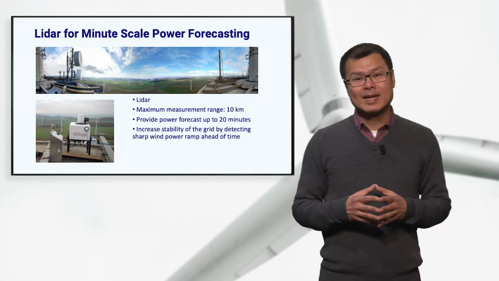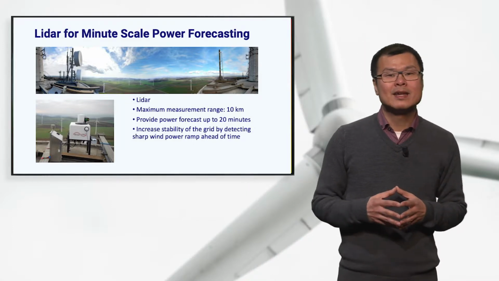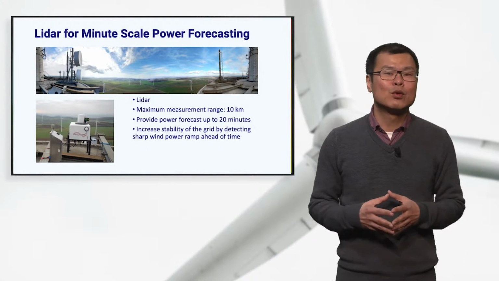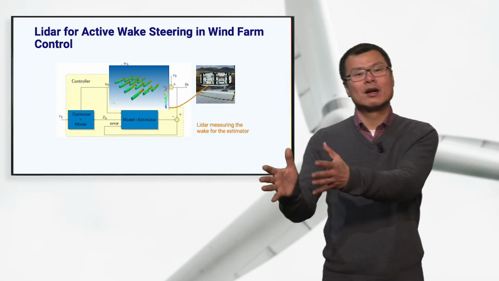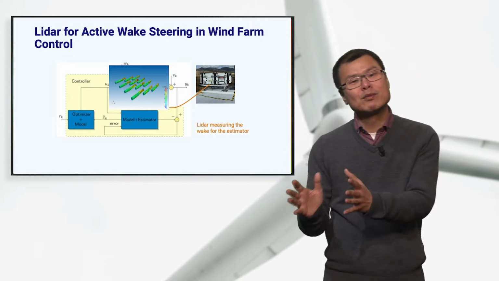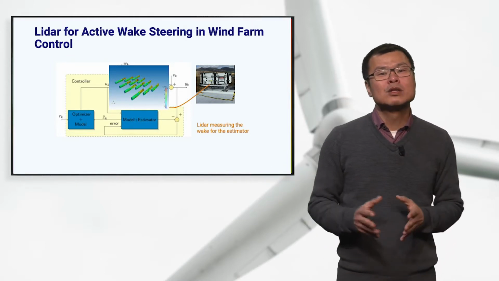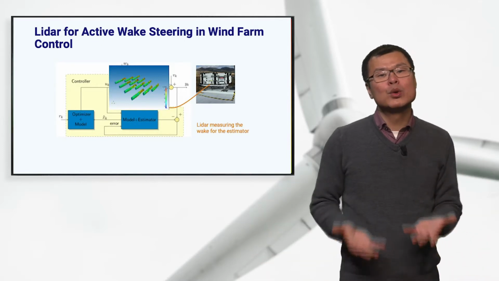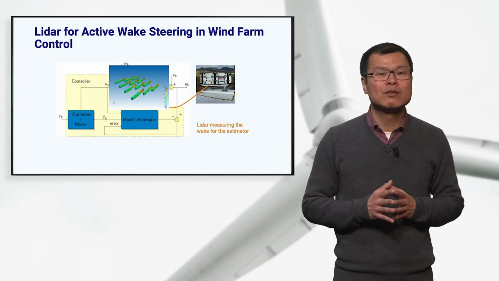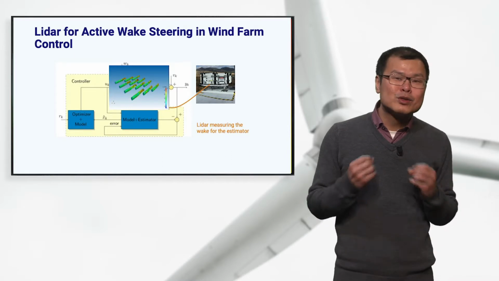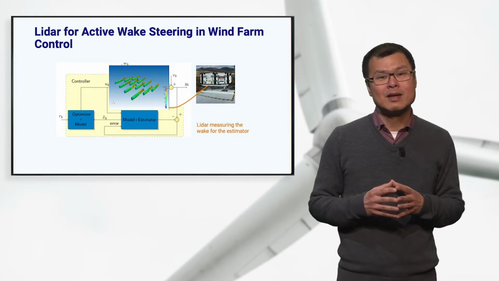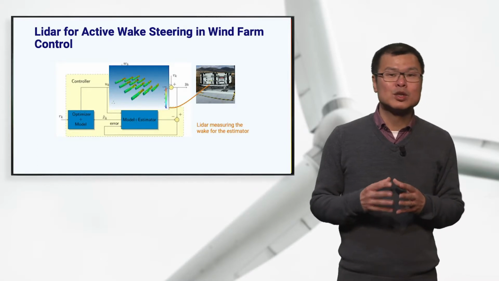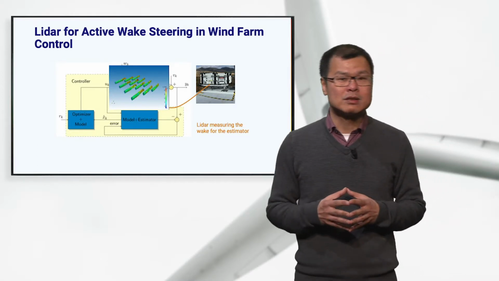The third application that we are investigating is the use of LiDAR for wake steering. We can steer the wake of a wind turbine away from the downstream wind turbine so that we can actually increase the overall power of the wind farm. Now, the tricky part is that the wake is a very complicated phenomenon, difficult to predict with just models or simulations.